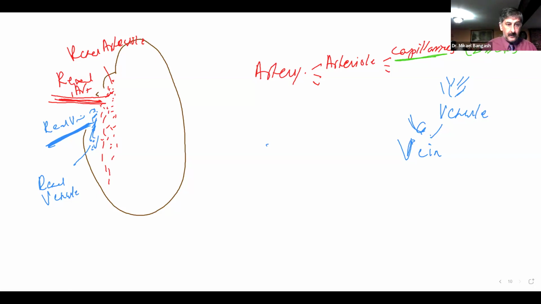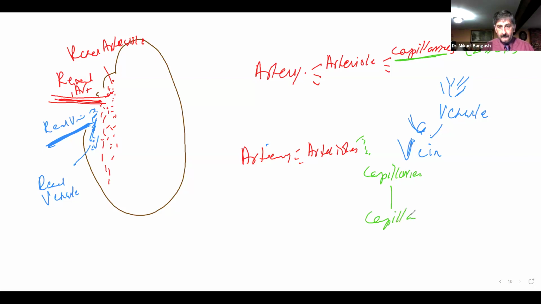So in the kidneys, we can say an artery divides into smaller branches called arterioles, which divide into smaller structures called capillaries. But before these capillaries become venules and veins, there is another set of capillaries.